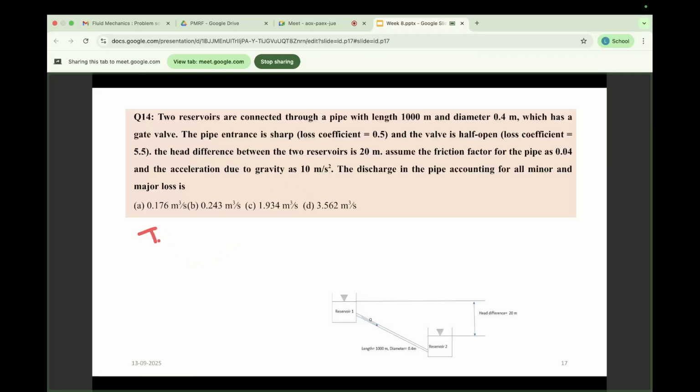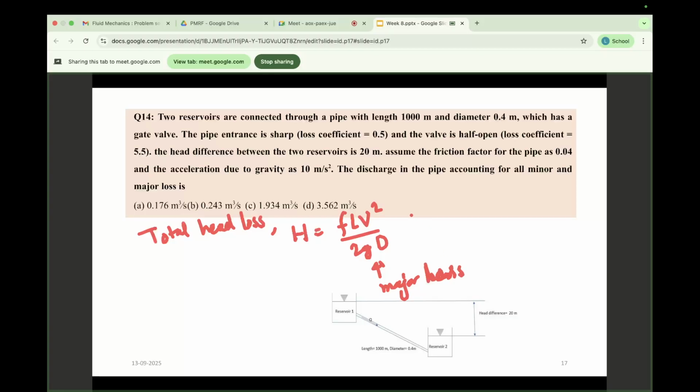So if I talk about this total head loss, say I represent the total head loss as H. What basically H is? H is this. You have the Darcy friction factor, from where we have got this major head loss, pipe loss.